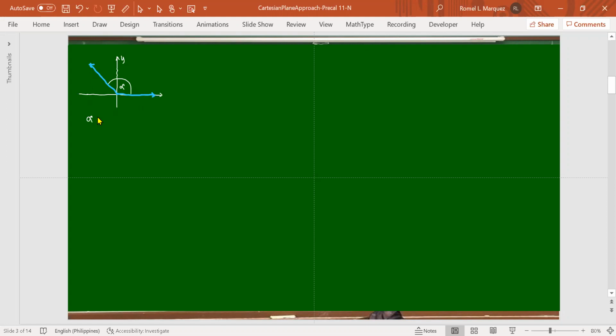How will you know that it's positive? There's no arrow. If I put an arrow, it's now negative. So alpha is negative. Is it in standard position? No, sir. So alpha is an angle not in standard position.